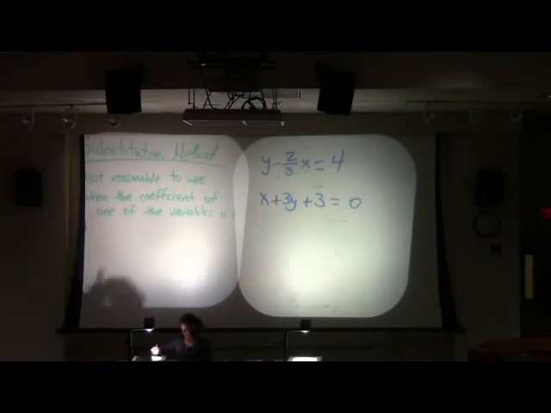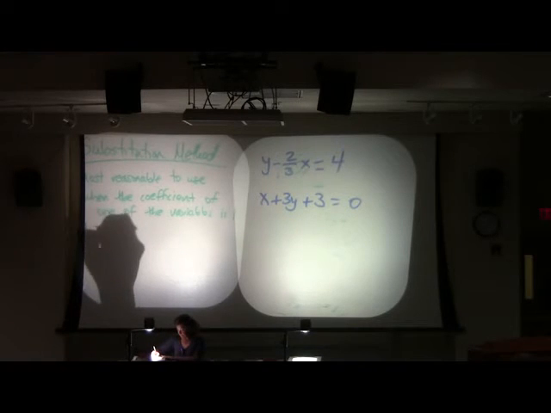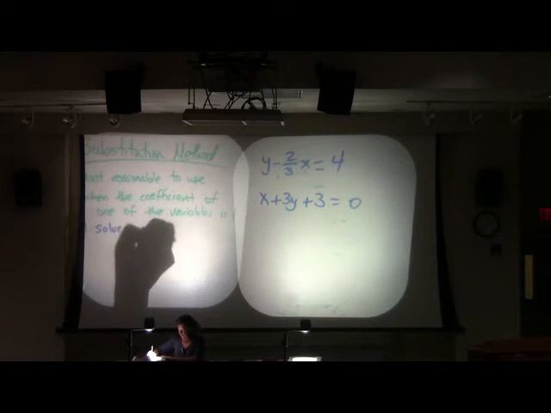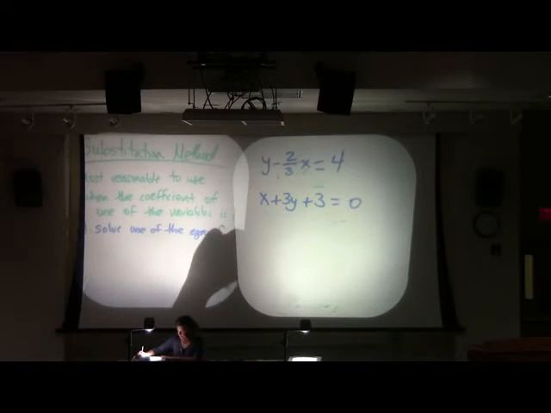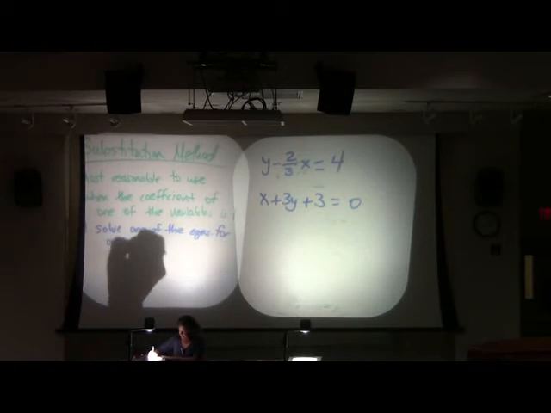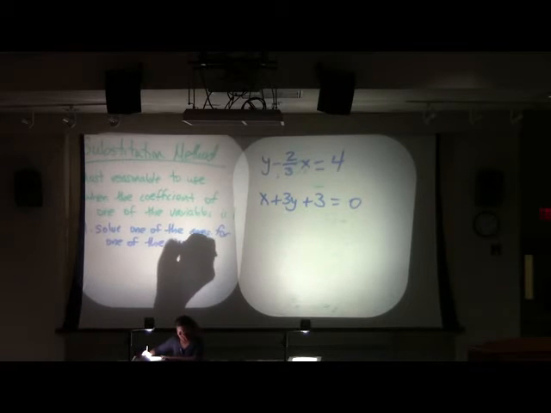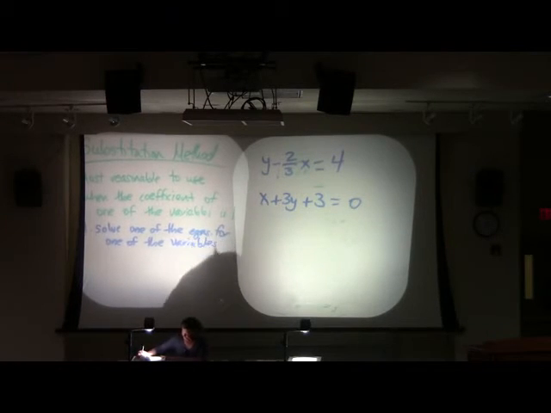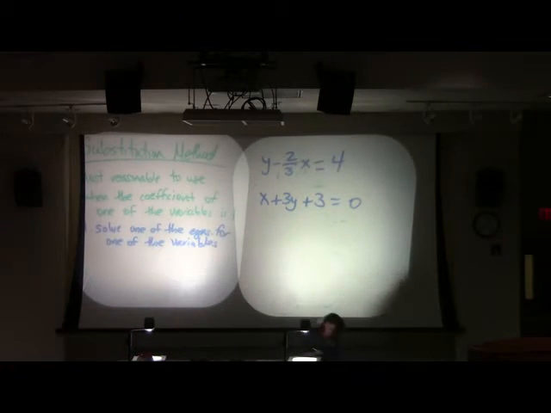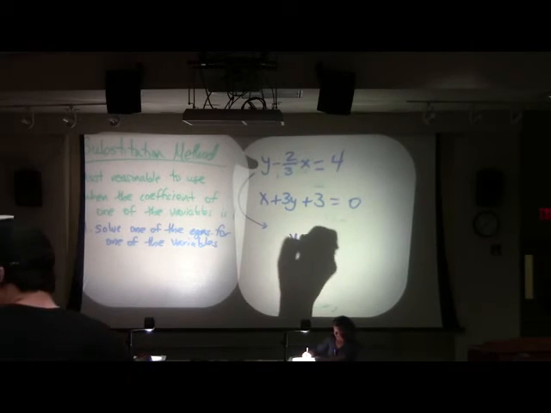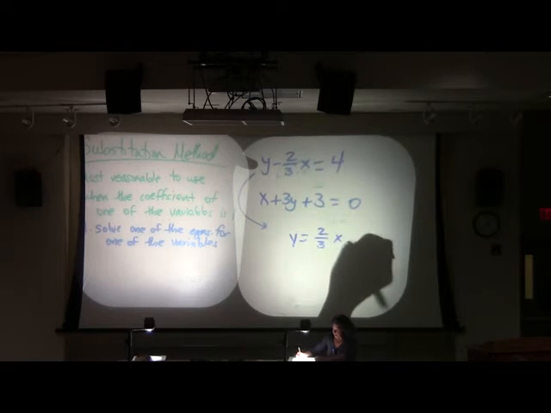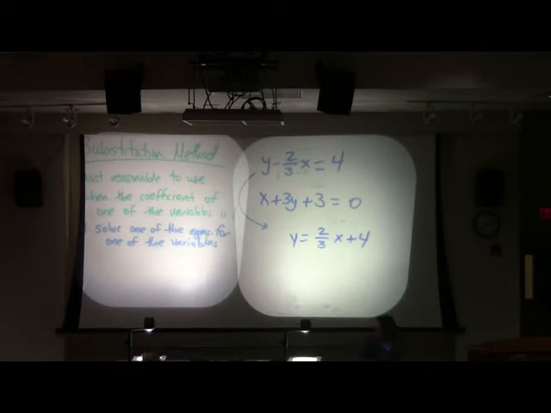Once you decide to use the substitution method, solve one of the equations for one of the variables. So, doing that second step, I'm just going to take my first equation and get y all by itself.